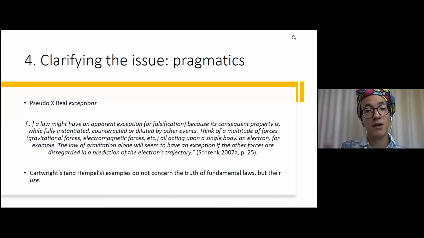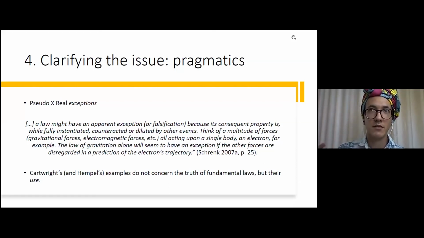And a lot of authors in philosophy of science argue that in order for us to deal with ceteris paribus laws, we need to deal with real exceptions. However, as I take Nancy Cartwright's arguments and her examples, she is dealing with pseudo exceptions.